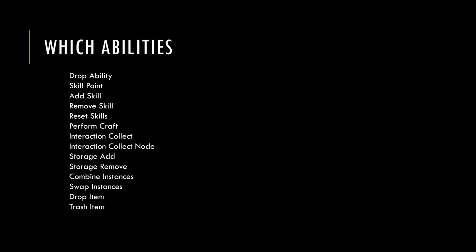When we enable or add a skill or remove a skill, those are tracked in the inventory system. Our crafting is done in the inventory system. Anything we pick up in the world or farm from a node, and then any of the actions we do in the core inventory chapter of swapping things in and out of storage, combining stacks, etc. So each of these abilities needed to be enhanced in such a way that they would call the request to persist the inventory.